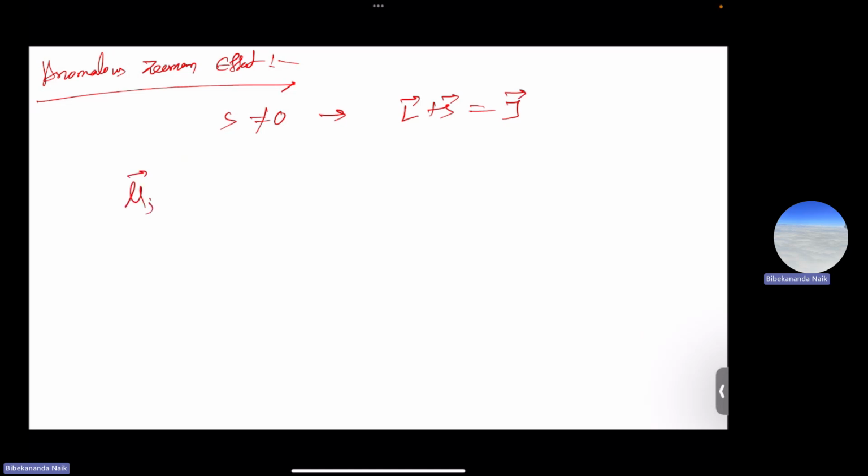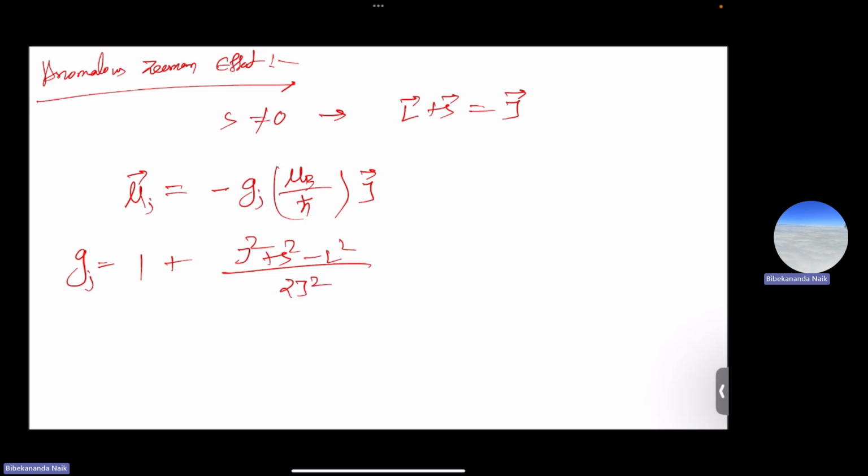So mu J vector will be minus gJ mu B by h cross J vector, where gJ is given by the formula 1 plus J squared plus S squared minus L squared divided by 2J squared, which equals 1 plus J into J plus 1 plus S into S plus 1 minus L into L plus 1 divided by 2 J into J plus 1.